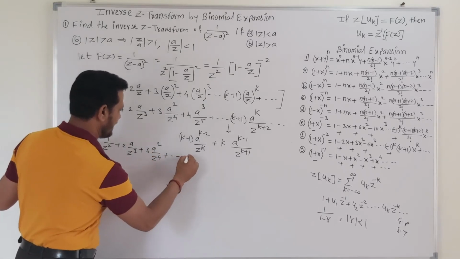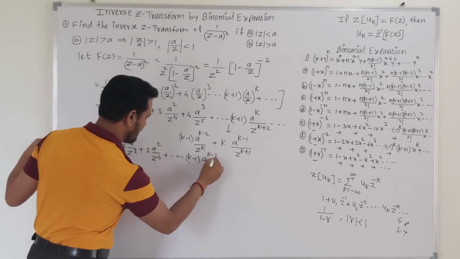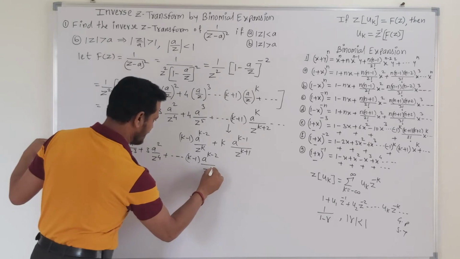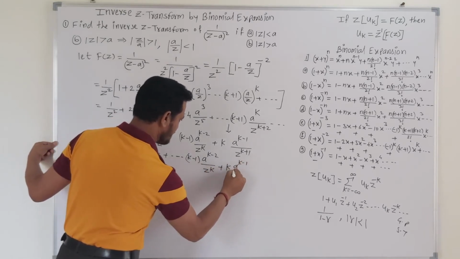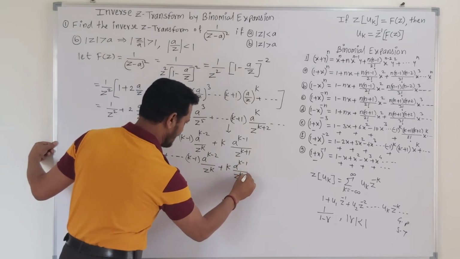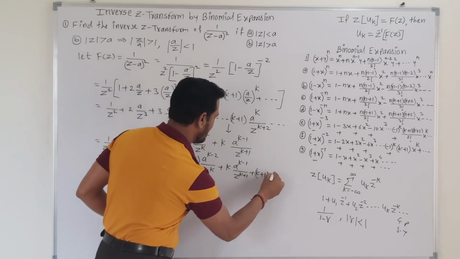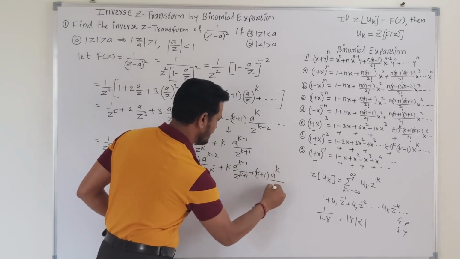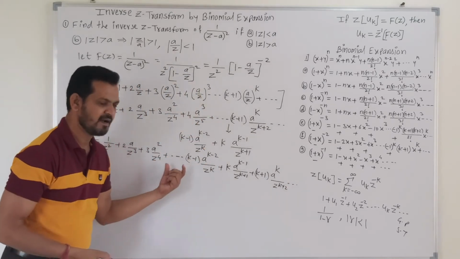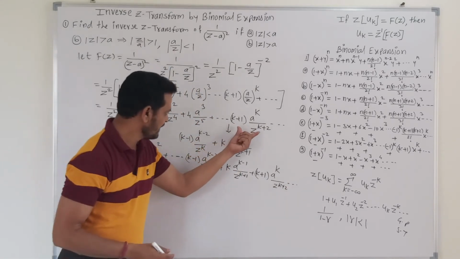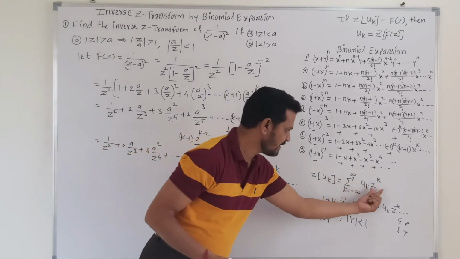Then in general we can write this as k minus 1 a raised to k minus 2 upon z raised to k plus k a raised to k minus 1 upon z raised to k plus 1 plus this is k plus 1 a raised to k upon z raised to k plus 2 and so on. So in this way we can rewrite this term. So instead of getting this term, we write here z raised to k because that is our interest.